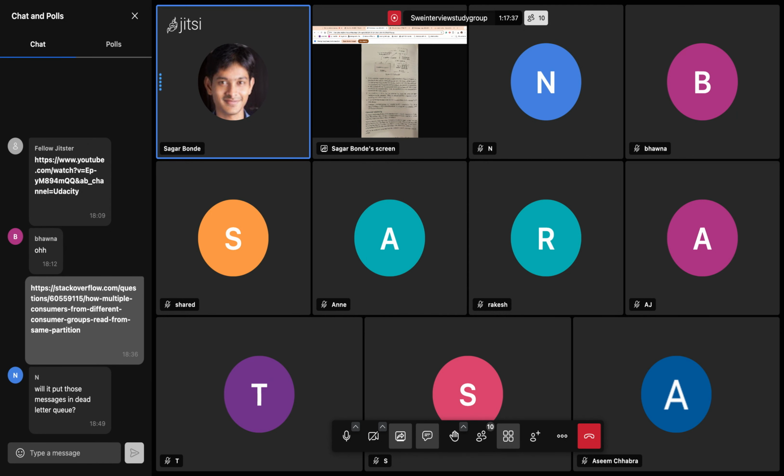Basically, whenever a consumer joins, the coordinator will route it to a specific partition, and once it knows the specific partition, it will go to that partition to fetch the messages, and after fetching the messages, it will commit the offset. That's what this diagram says.